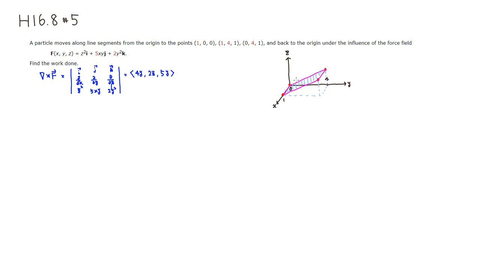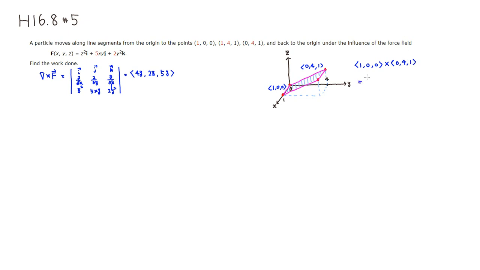All right, so let's try to find the equation for this plane. We have a vector, which is just 1, 0, 0, so that's just the vector i. Here, the x component is 0, the y component is 4, and the z component is 1. We can find the normal vector by taking the cross product between those two. So the cross product of 1, 0, 0 with 0, 4, 1.